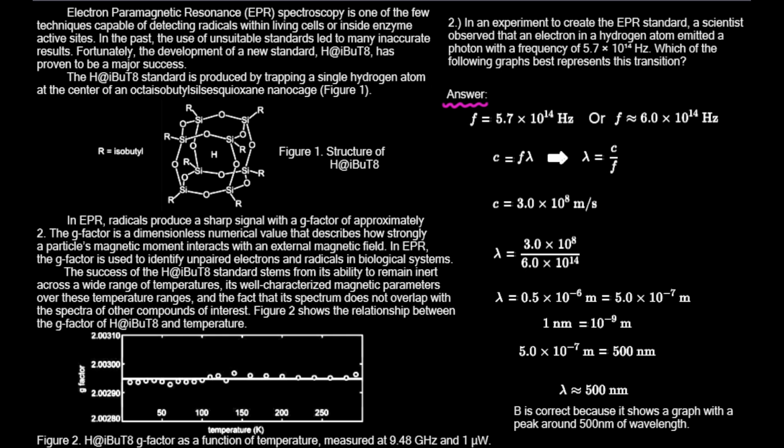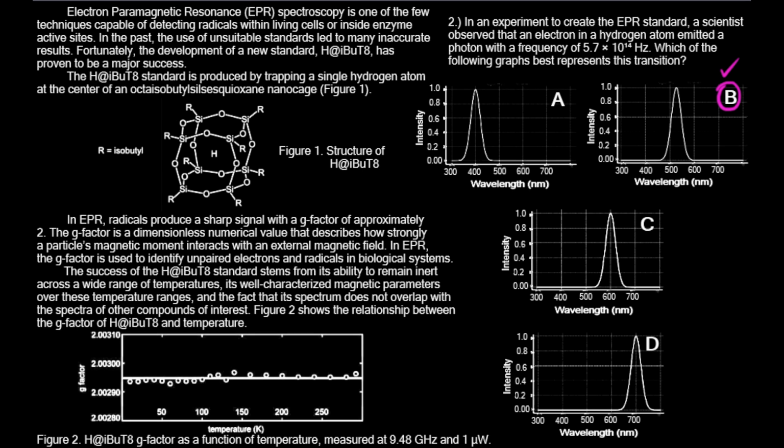Now we compare the values to the graph options. The correct graph is the one with a peak at about 500 nanometers. The y-axis on the graph tells us the intensity, and the x-axis tells us wavelength in nanometers. So we need to pick the graph that has a peak around 500 nanometers, which matches answer choice B.